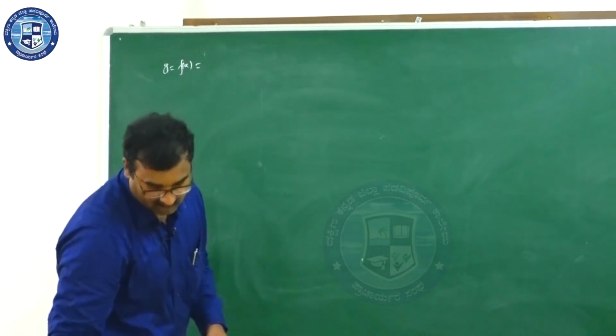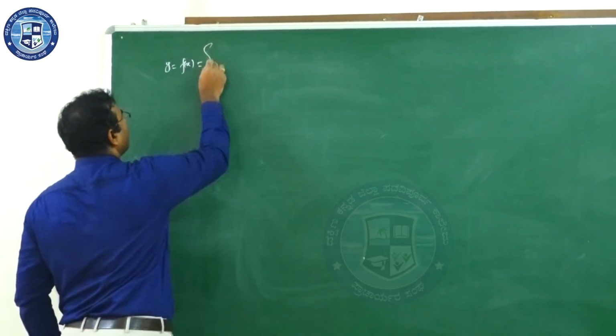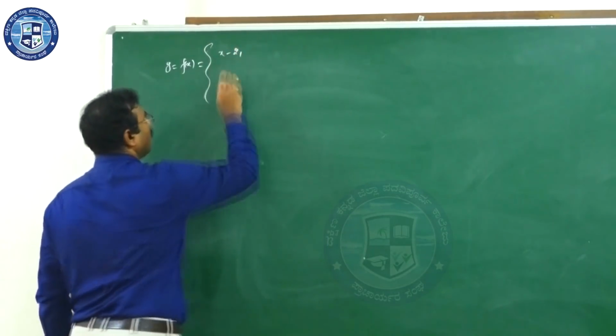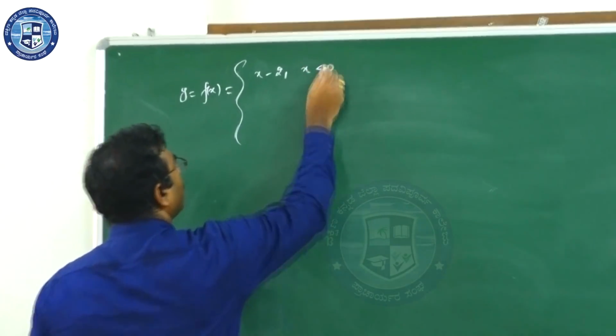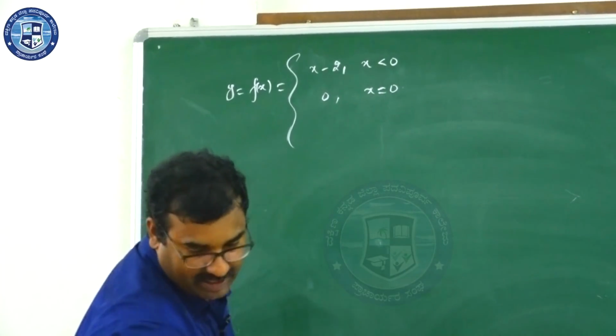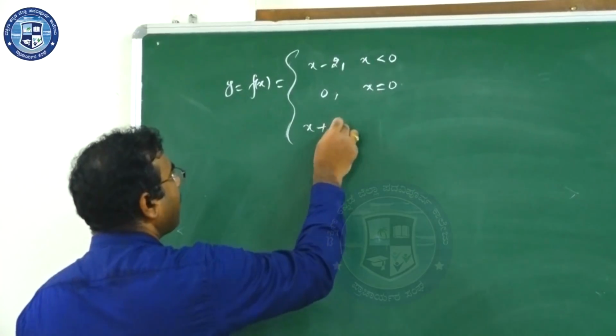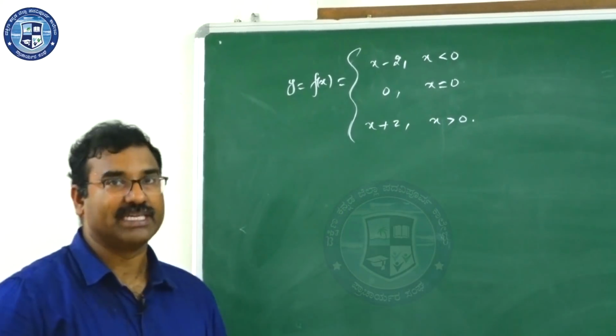So y is equal to f(x), it is like this: x minus 2 when x is less than 0, equal to 0 when x equal to 0, x plus 2 when x is more than 0. Like this the function is given to you.